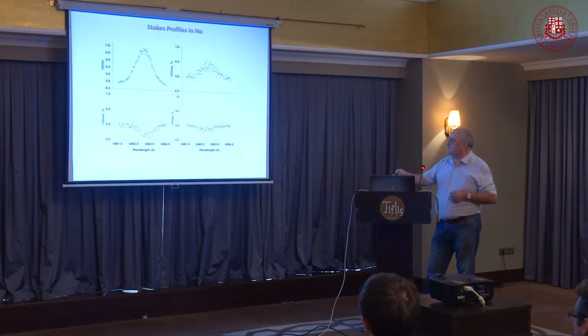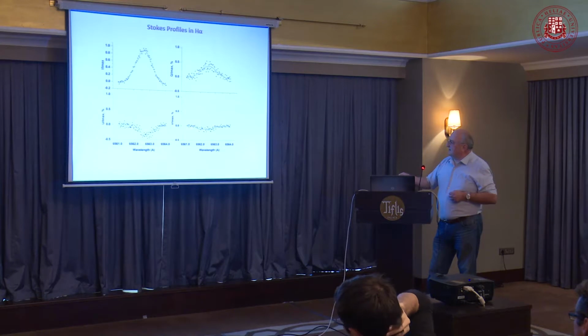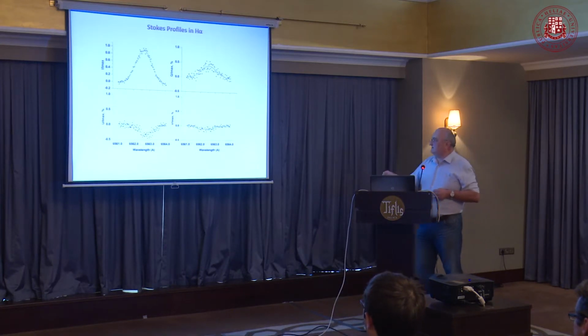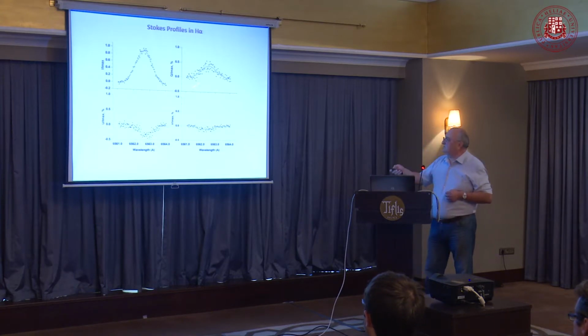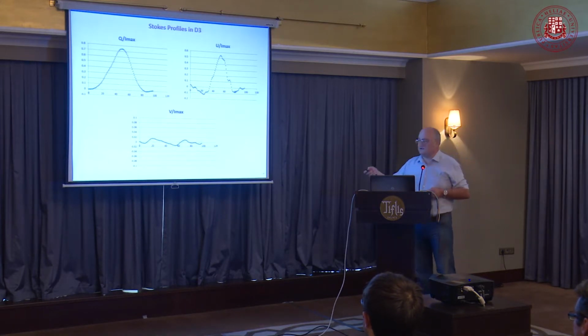They are calibrated for the wavelength and so on, normalized. So we see that there is some signal in the V Stokes parameter and in Q and I. Unfortunately, not so good data in the D3, but anyway, there are some signals captured by this polarimeter.